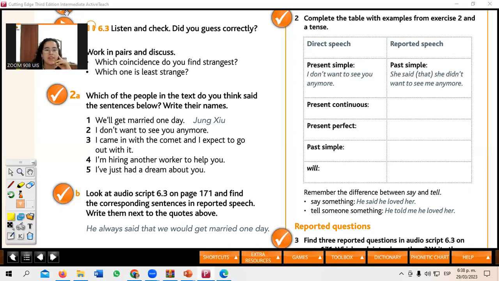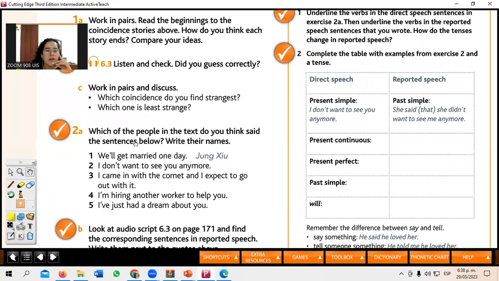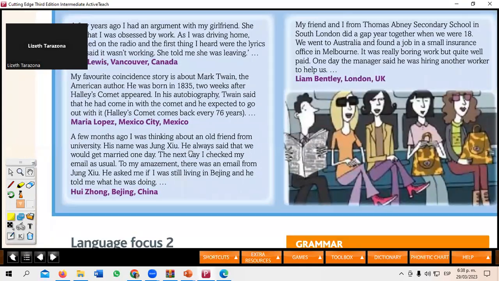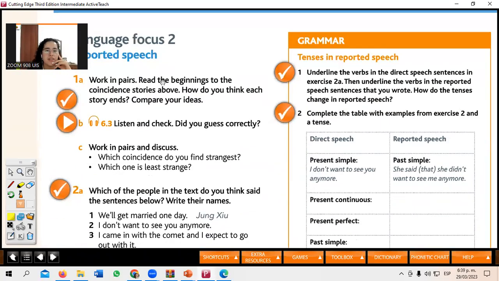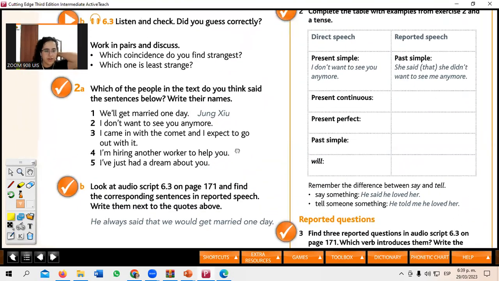All right, guys, let's start checking. Let's check quickly. Maybe Lisette for the second sentence. I don't want to see you anymore. Who said this? Josh's girlfriend. Very good. Natalia, the third.